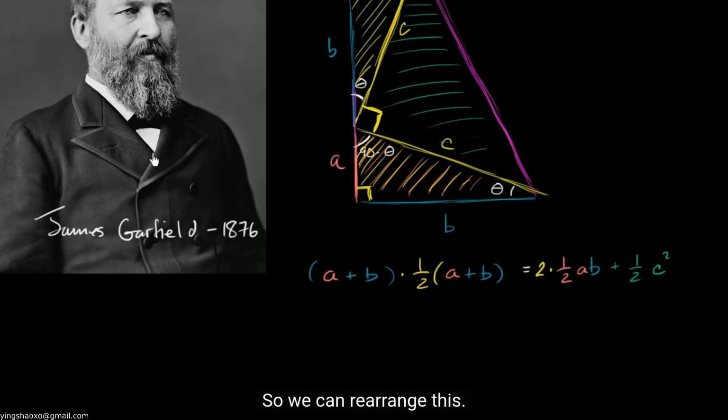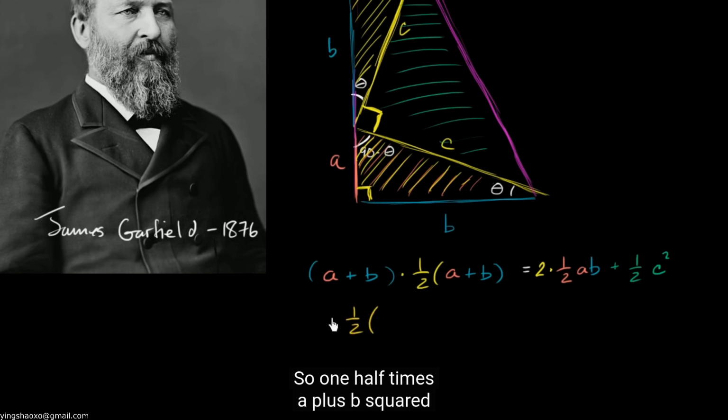So we can rearrange this. So it's 1/2 times A plus B squared is going to be equal to 2 times 1/2, which is just going to be 1.